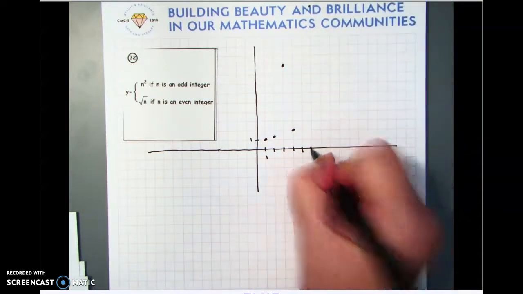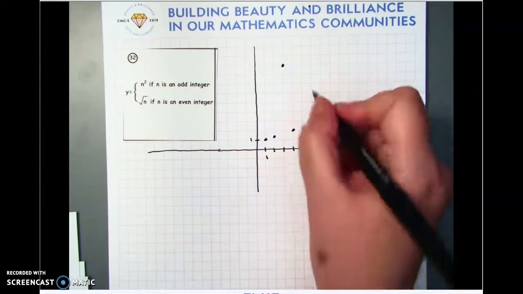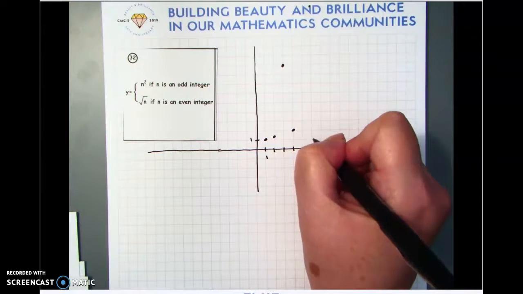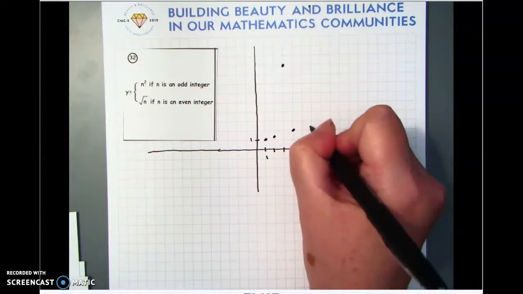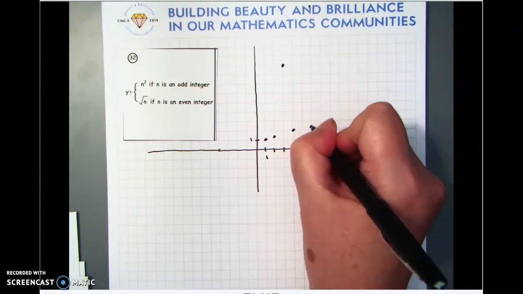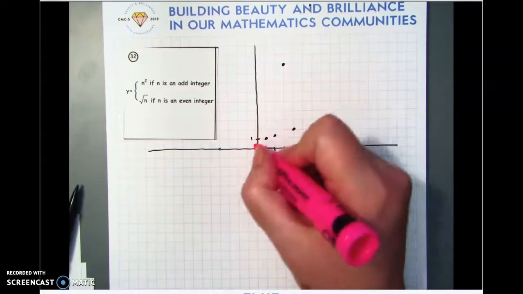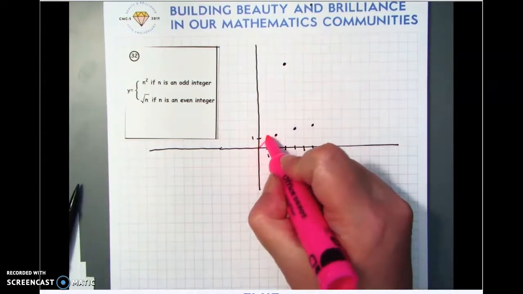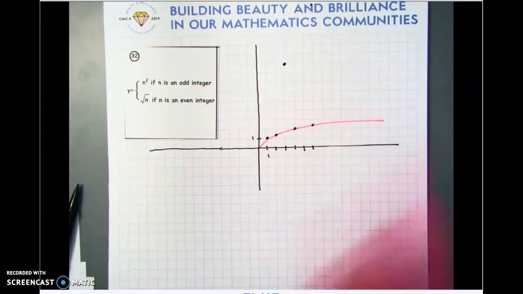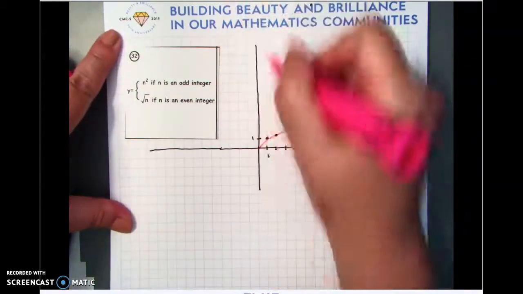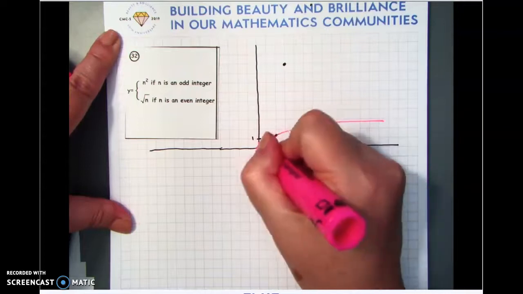When x is 6, the square root of 6 is going to be a little bit more than the square root of 4, so a little bit more than 2. So what's happening is we have the square root function that's looking like this, and then we have the quadratic y equals x squared that is looking something like this.